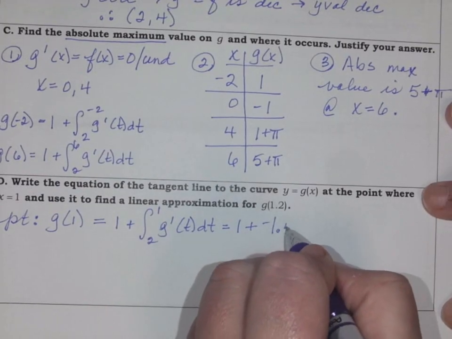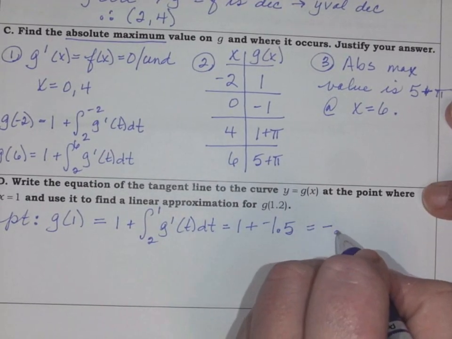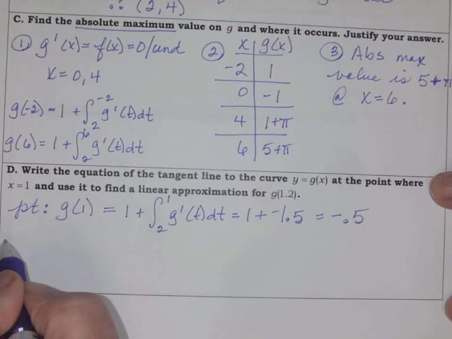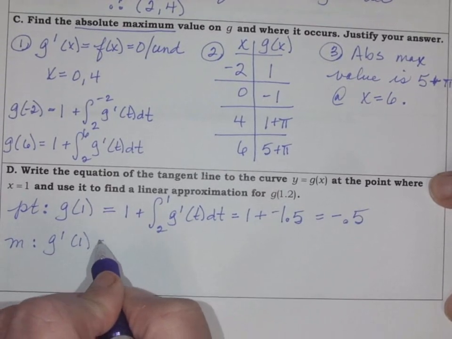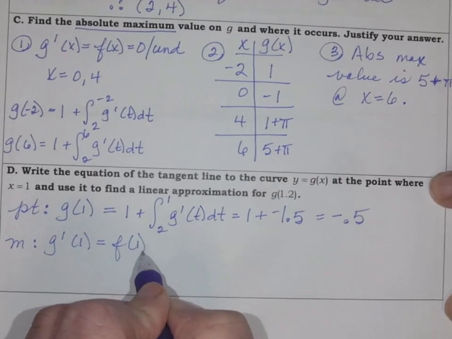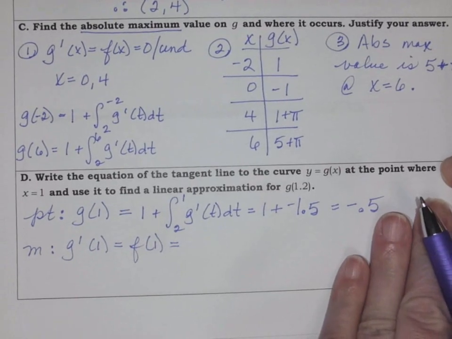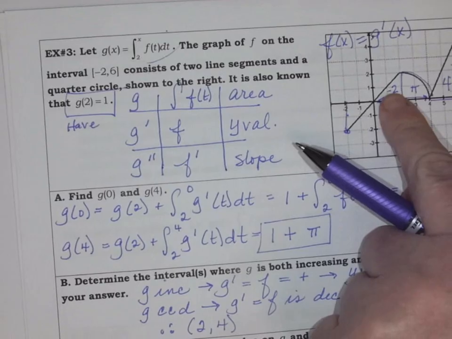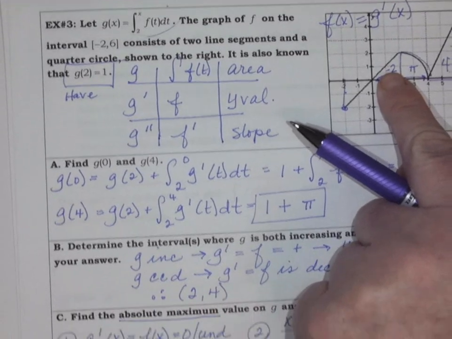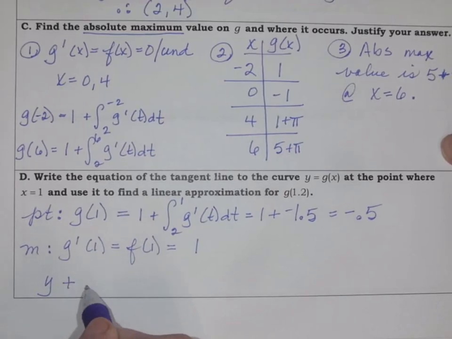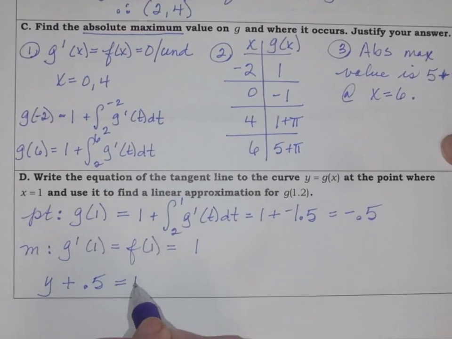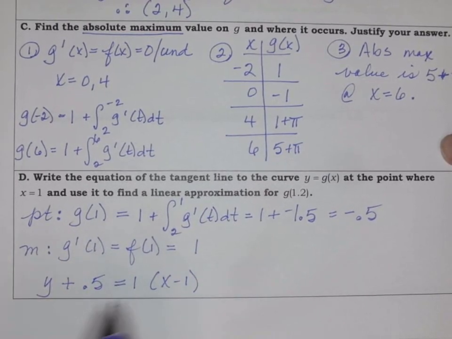So minus 1.5, which gives me a negative 0.5. And then we need our slope, which would be g prime of 1, which would be f of 1. So we need the y value at 1. So at 1, our y value is 1. So our tangent line is y plus 0.5 is equal to 1 times x minus 1.